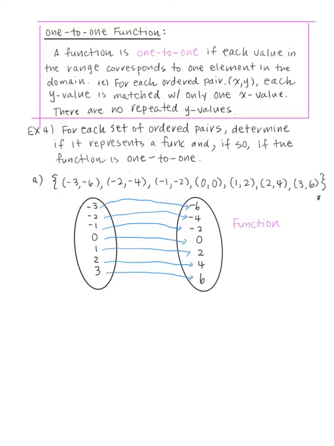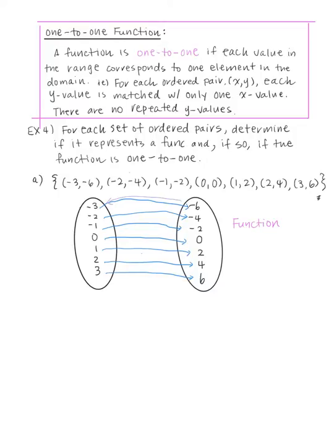Now, let's determine whether this is a one-to-one function. A function is one-to-one if every y has exactly one x value. So let's take a look at all the y values, which are -6, -4, and so forth. Do those guys have exactly one x value? I believe so, because when y is -6, it has exactly one x value, which is -3.